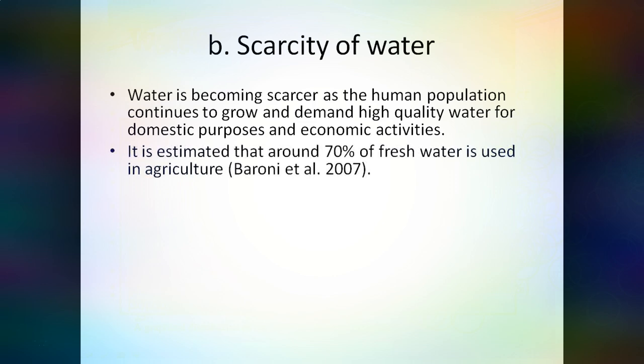It is estimated that around 70% of fresh water is used in agriculture.